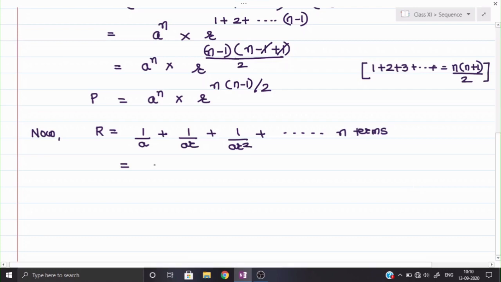Okay, so I am putting the first term A as 1 upon A into the bracket 1 minus R whole power n.